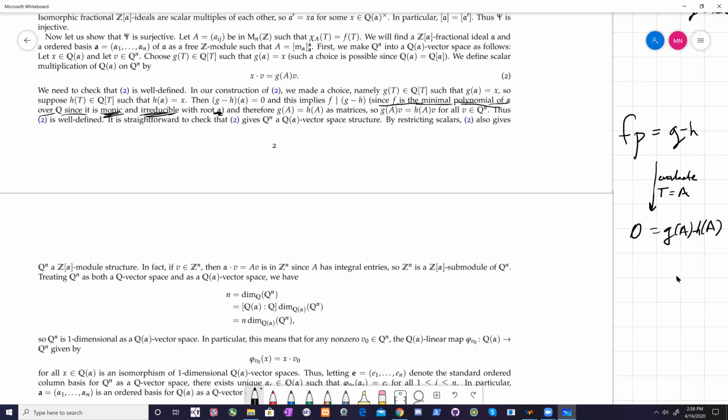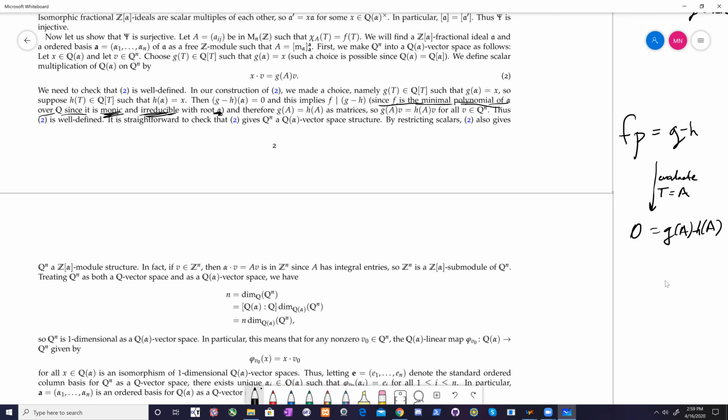It's also straightforward to check that this action gives you a Q(alpha) vector space structure on Q^n. So it satisfies all the required properties needed for that to happen, like left distributivity and right distributivity and so on and so forth.